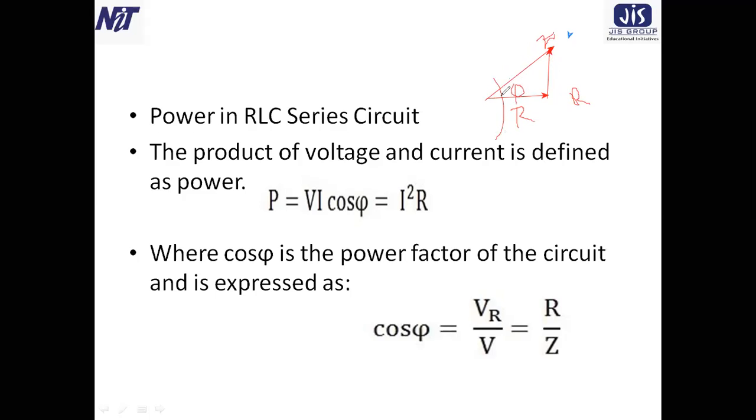So what is cos phi? R by Z. From this triangle, we can prove that cos phi equals VR by V or R by Z, and this formula will help you to solve different types of problems related to these RLC circuits. Please try to remember this, and this is actually the explanation of all these factors.